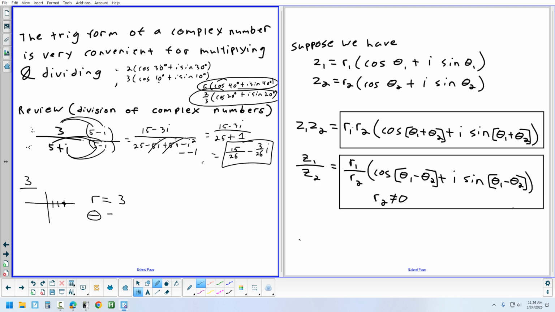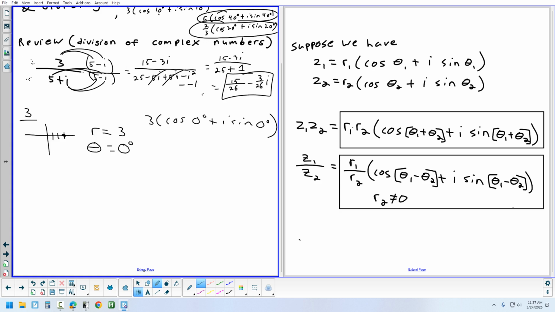And you don't need inverse tangent to find your angle because you're on an axis. What's your angle if you're right there? 0. Yep. So this one is very easy to write in trig form. It's 3 cosine 0 plus i sine 0. Here's your first one.